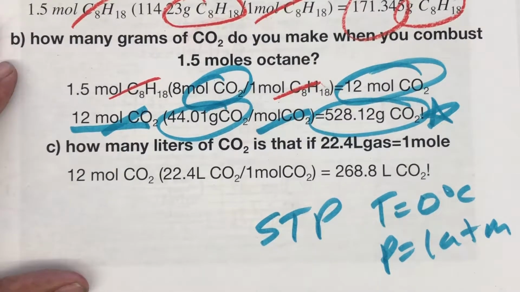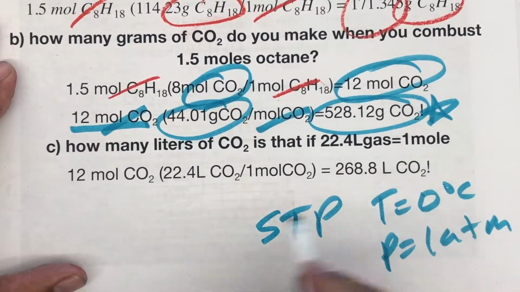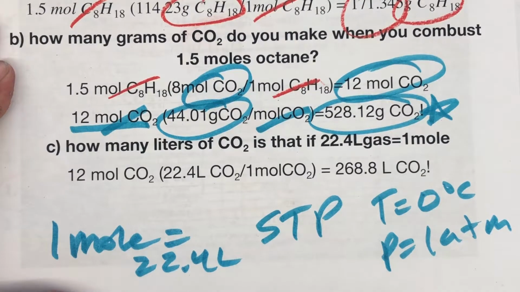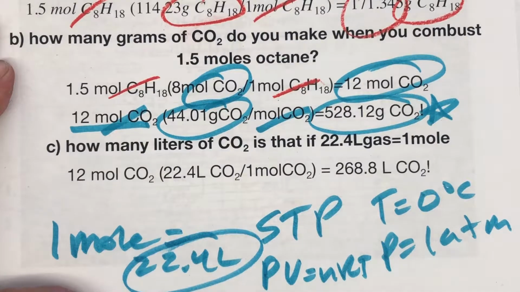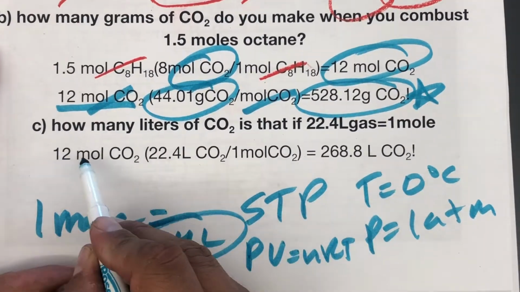Just dunk it in ice water and we're set, and it's pretty stable. So at STP, 1 mole of any gas is 22.4 liters. If you don't believe me, solve PV equals nRT, and you'll see that you end up with a volume of 22.4 liters. So let's use that as a conversion factor.